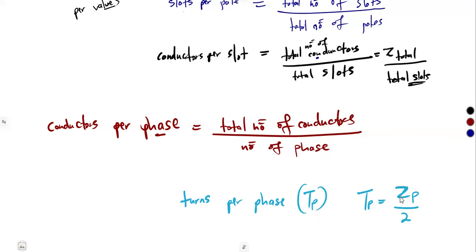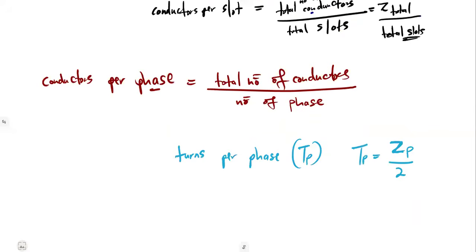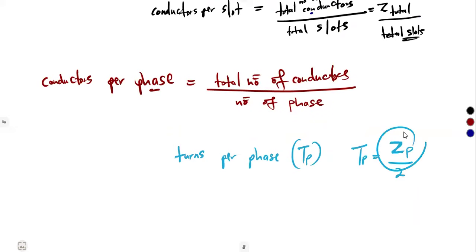Number of conductors per phase divided by what? By 2. So meaning to say, if I have one of these, I can find another. I can even find the number of conductors per phase if I'm given the turns per phase. So this one is a direct formula, which we have.